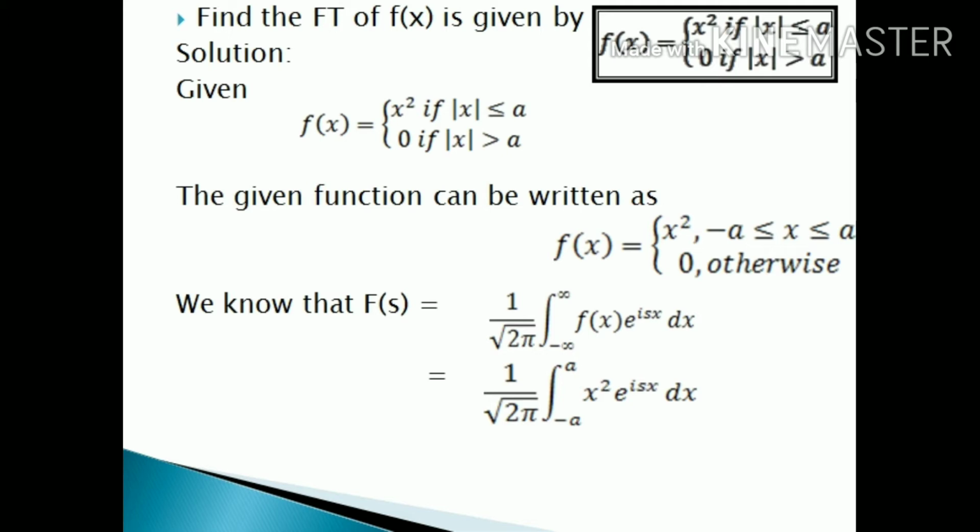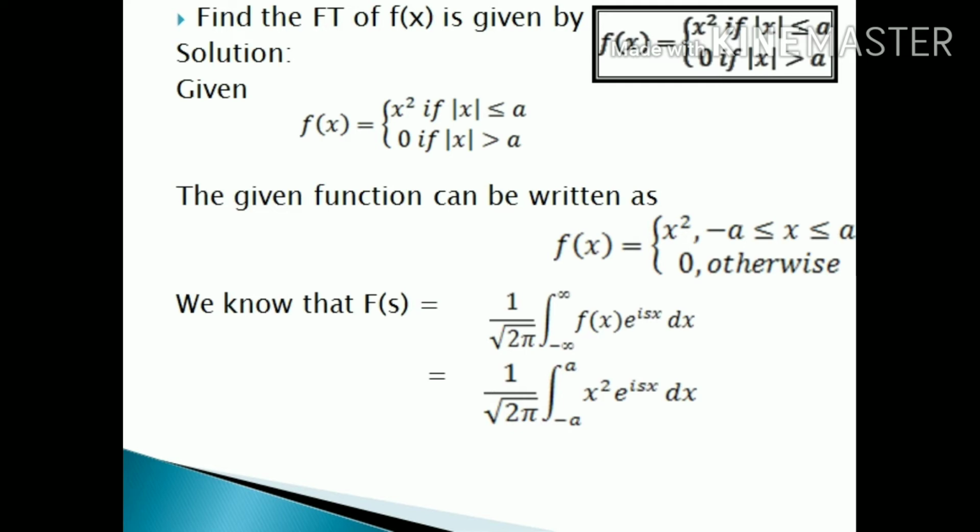Therefore, in the place −a ≤ x ≤ a the function is x squared, and at all other places the value of f(x) is nothing but 0.